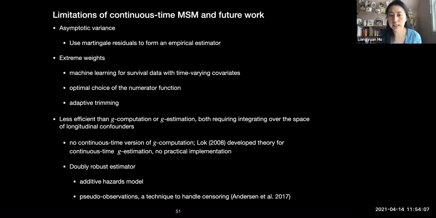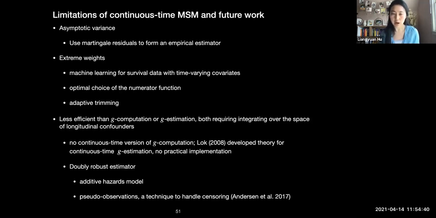But for longitudinal data with time-varying confounding, both the G methods require integrating over the space of longitudinal confounders, so they are computationally very intensive. As far as I am aware, there's no continuous time version of the G computation method. I know Judith Lok developed the theory for a continuous time G estimation method, but I just haven't seen a practical implementation of that method.